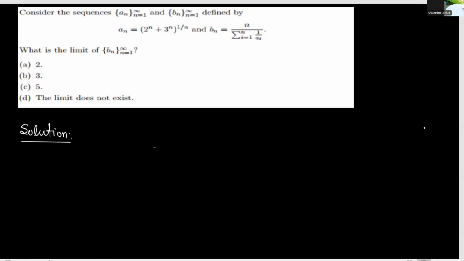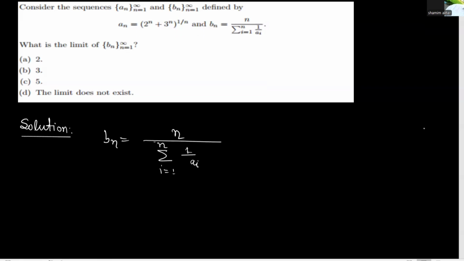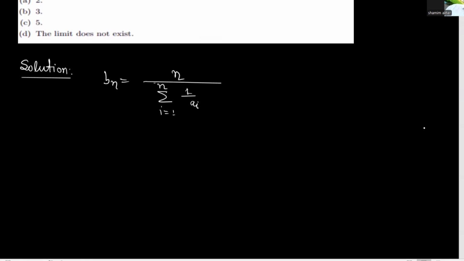First of all, b_n equals n divided by the summation, i from 1 to n, of 1 by a_i. So this equals n divided by (1/a_1 + 1/a_2 + ... + 1/a_n).